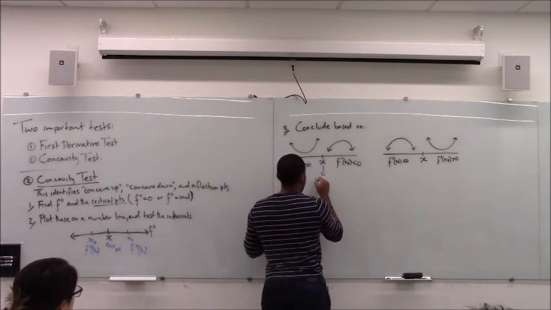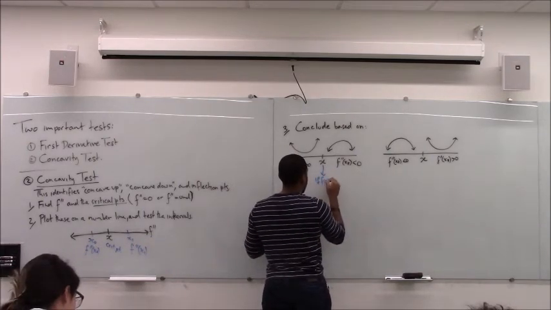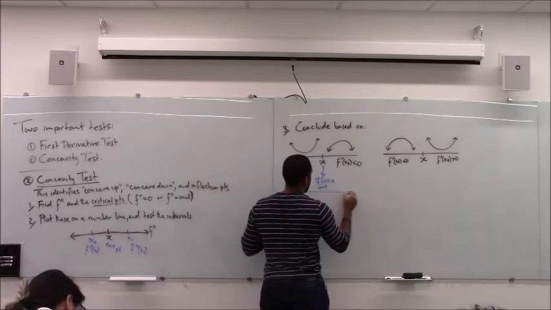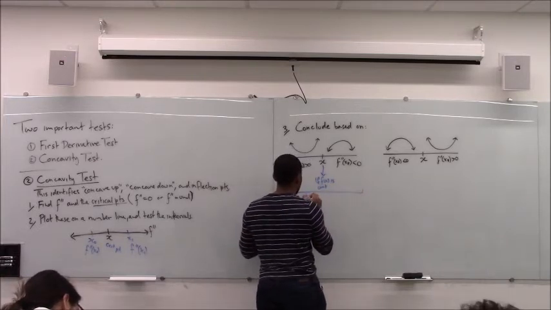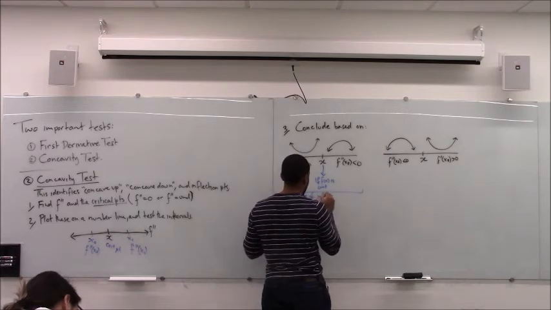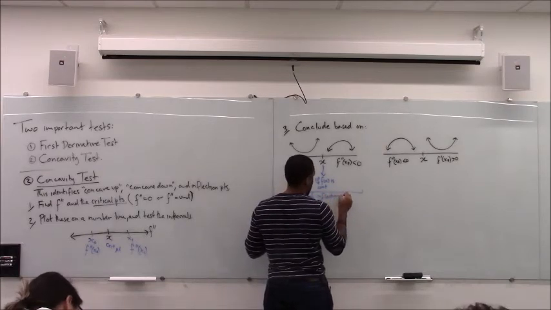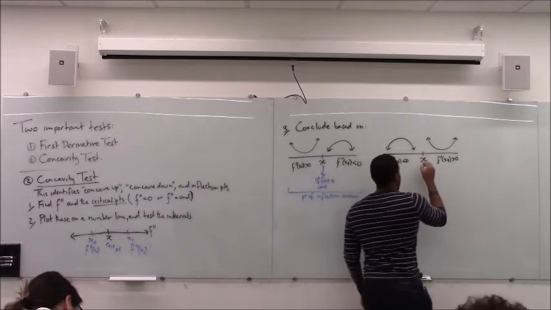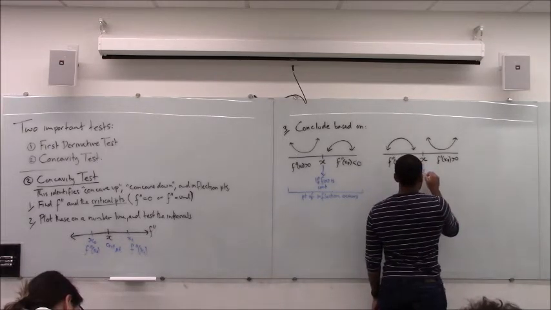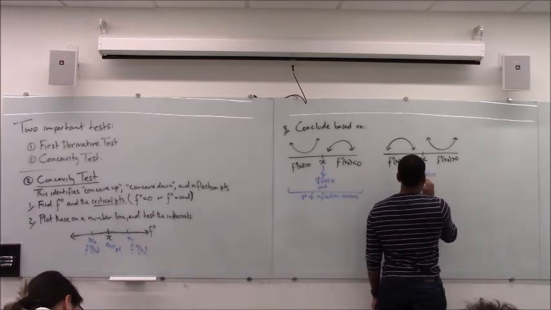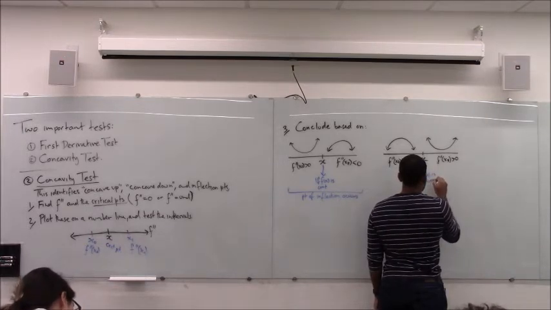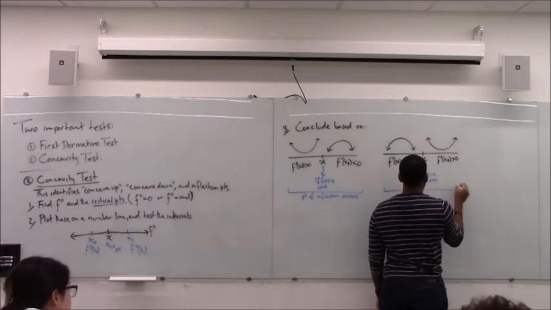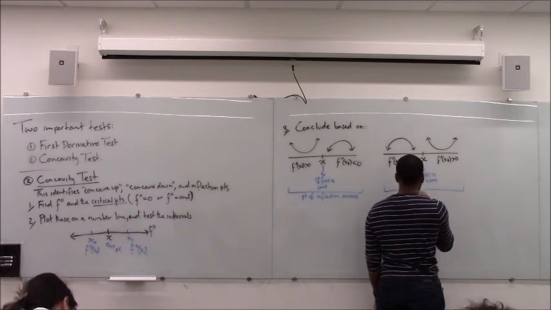And here, if f of x is continuous here, this signifies a point of inflection. So here, if f of x is continuous here, then this also signifies a point of inflection.